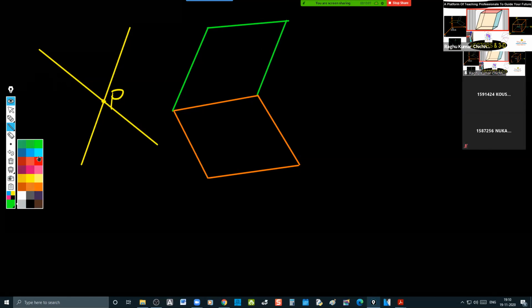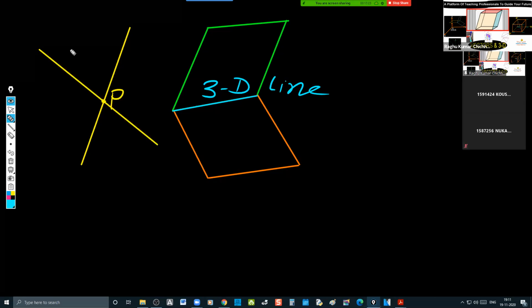Just observe it, please. They are intersecting in a line. So, this is nothing but a 3D line. And this is nothing but a 2D line. So a 3D line is the intersection of two planes, understand that.